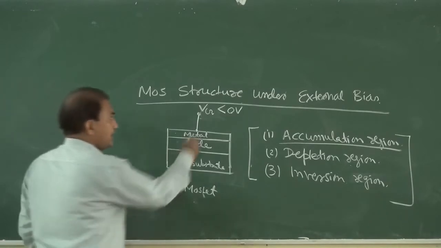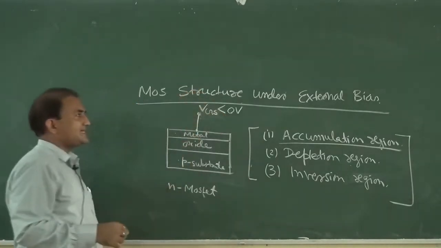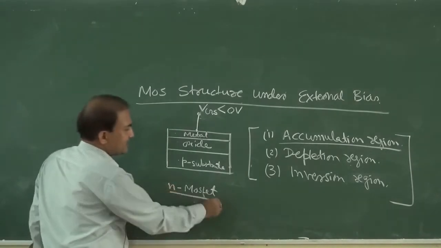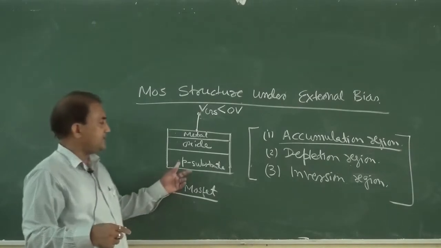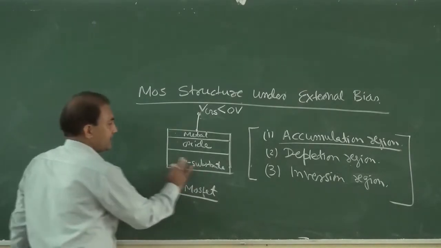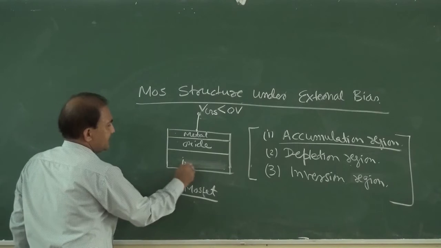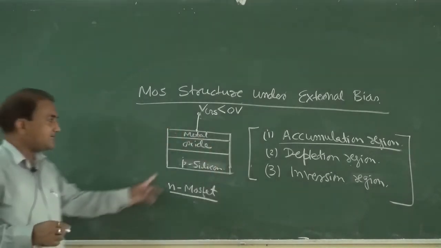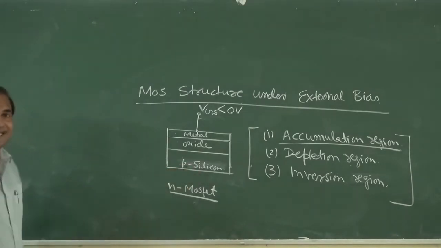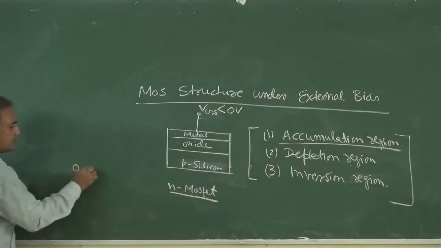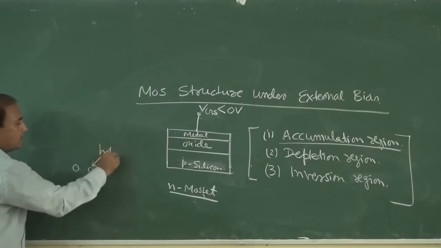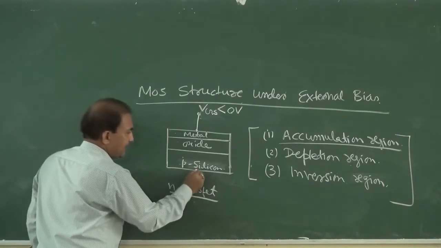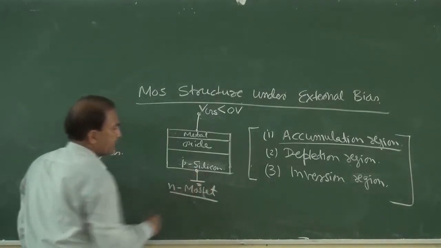So if VG, or VGS, is negative, then what will happen? See, in case of N-channel MOSFET, the substrate is P-type silicon. In P-type silicon, the majority carriers are holes, and you can see here it is grounded.